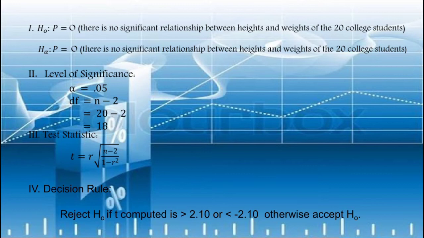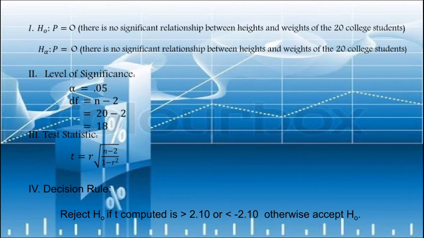Next, the level of significance. Using the p-value method, you could choose any appropriate significance level you want. You are not limited to using alpha equal to 0.05. But the table of critical values provided in these textbooks assumes that we are using a significance level of 5%, which is equal to 0.05.